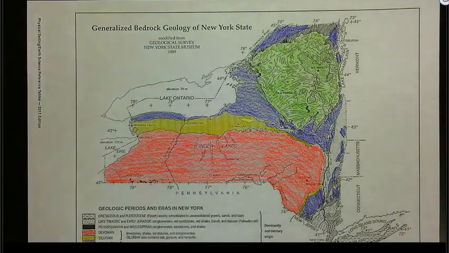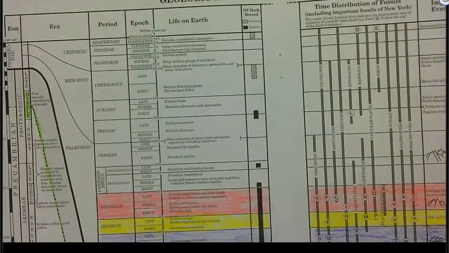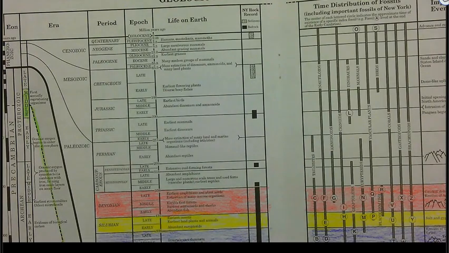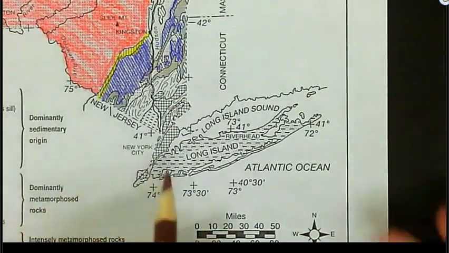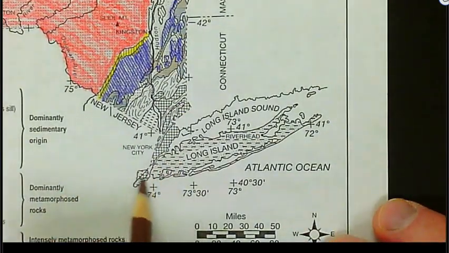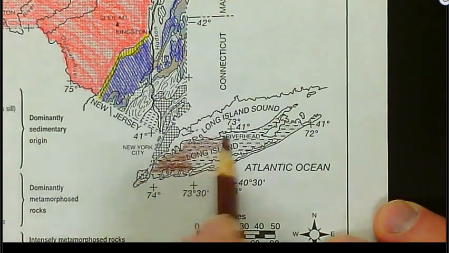There are others, right? There's other rock records in New York, but the last one I think I'd like to shade for you guys is the rock, or maybe I should say the not rock, the almost rock, that makes up Long Island. So let's give this as our last shade here.